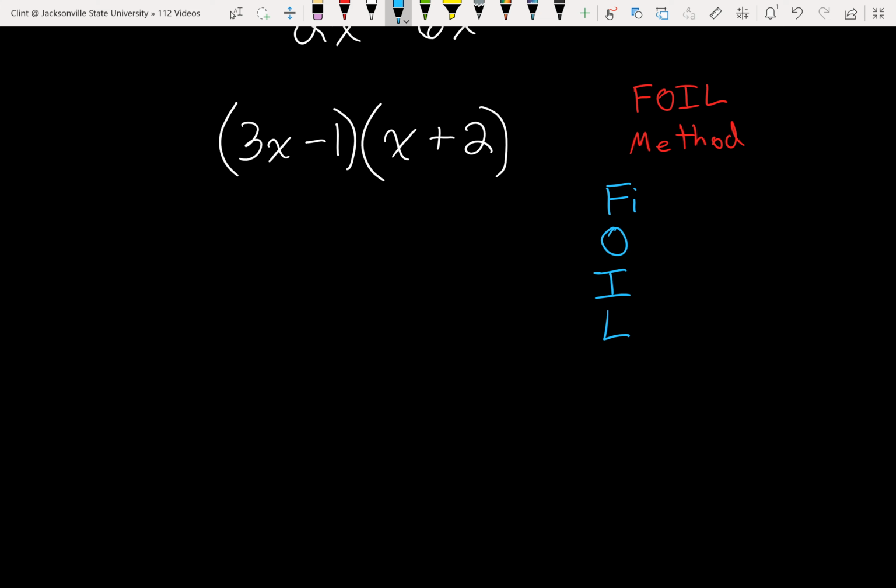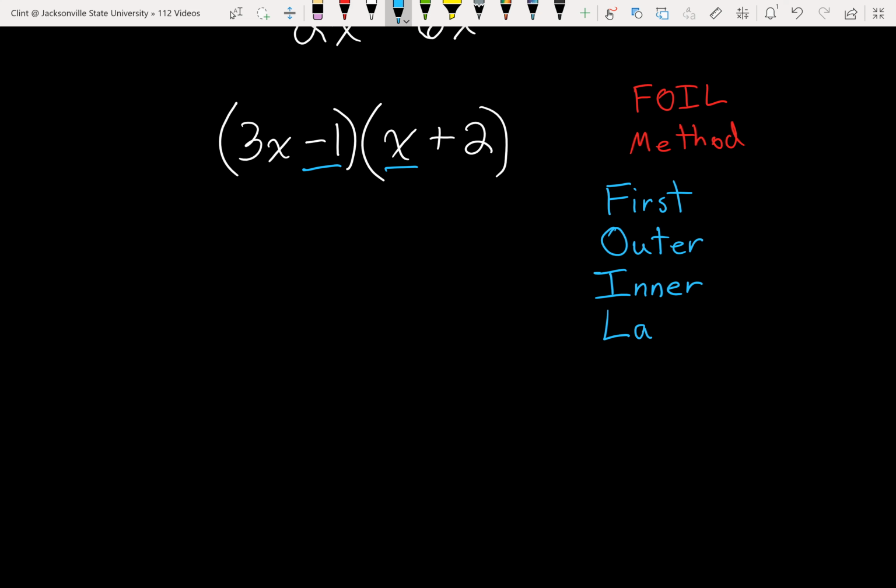So we're going to multiply the first terms together, these two. We're going to do the outer terms together, that would be these two. Then we're going to do the inner terms together, these two.